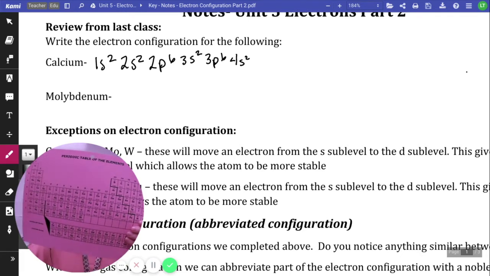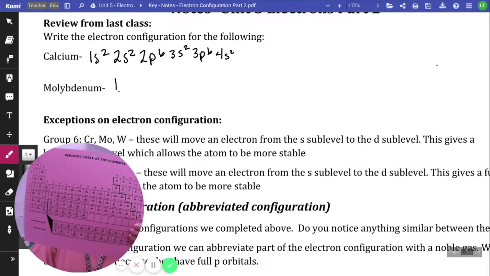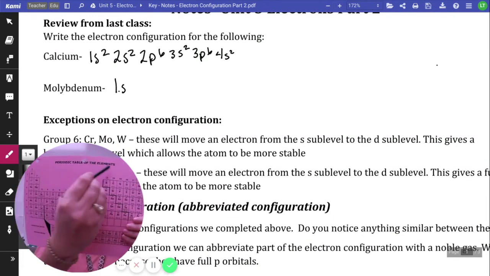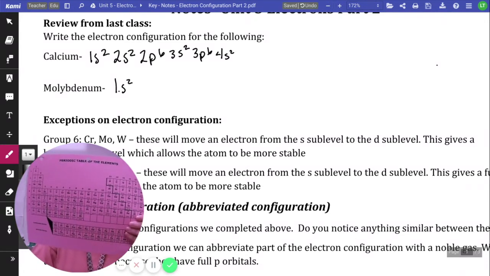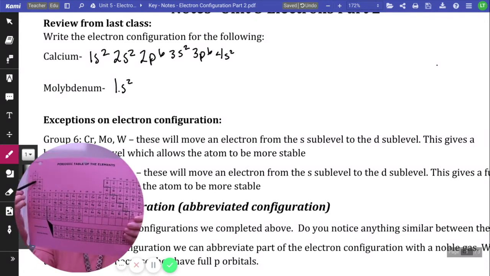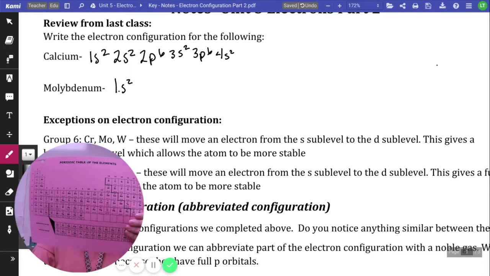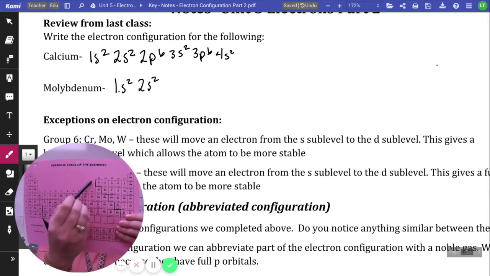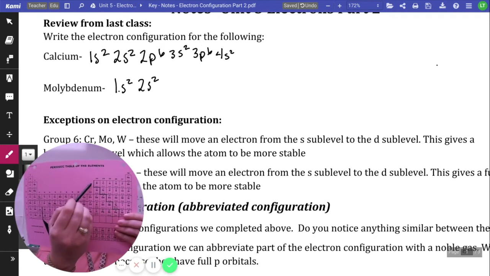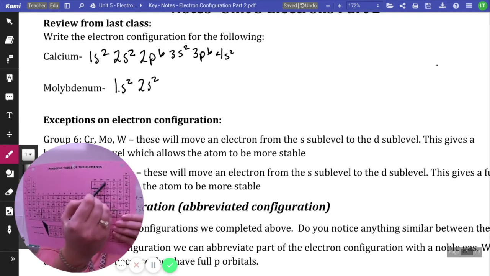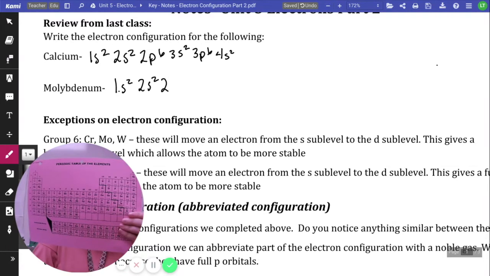All right, so first energy level, S sublevel, and we cross 1, 2 boxes. Second energy level, S sublevel, 1, 2 boxes. Keep going. 2p sublevel, 6 boxes.